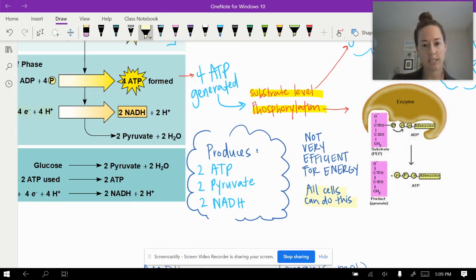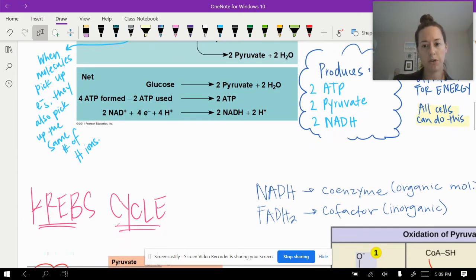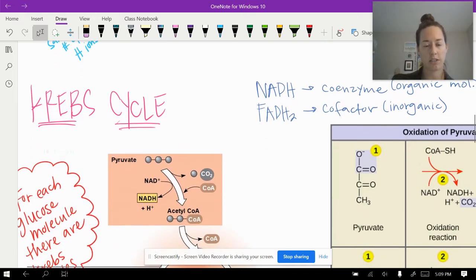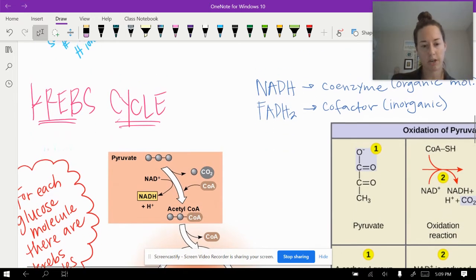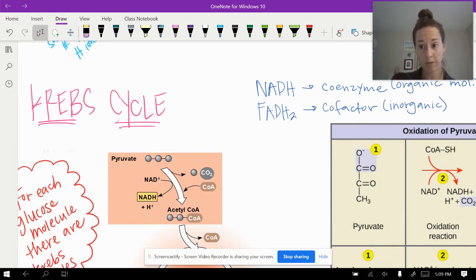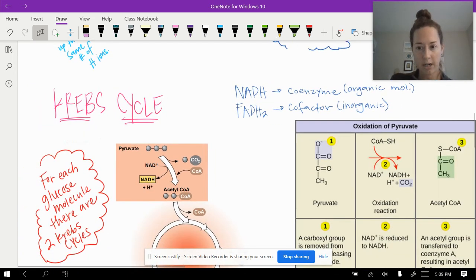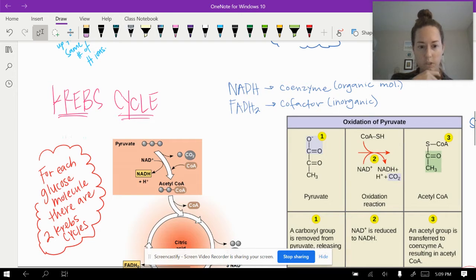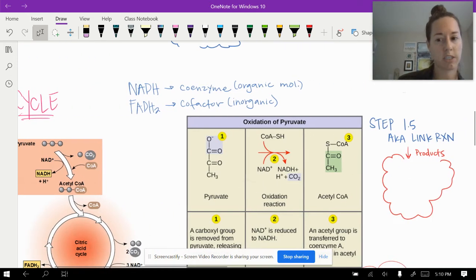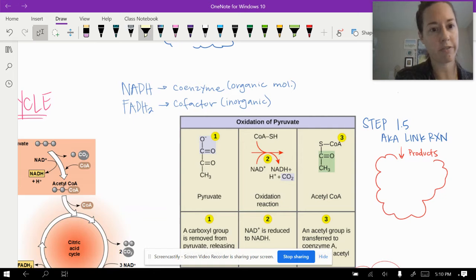Alrighty, let's go to step 2. So after glycolysis, we're going to move on to the Krebs cycle. Before we move on to the Krebs cycle, remember there's that sort of intermediate step that occurs. So I'm going to talk about that first. And then before I even go there, here's NADH and FADH2, which is important to talk about before we really go any further.